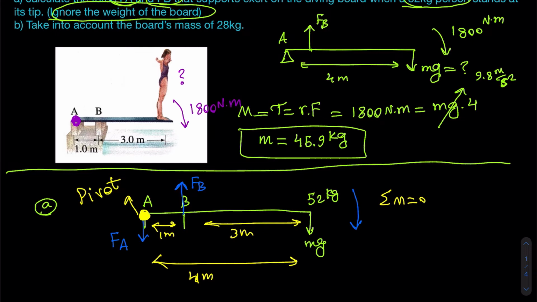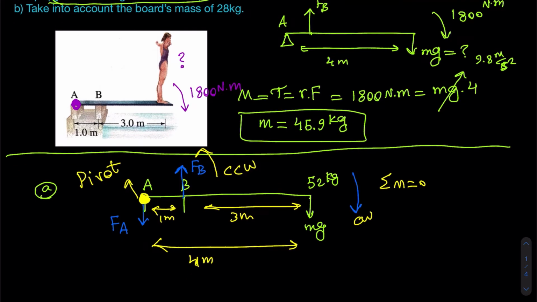So this mg is turning clockwise, whereas FB is making a counterclockwise turning effect. So this is clockwise, and counter. So we say that's minus mg times 4 meters plus FB times 1 meter must be equal to 0.